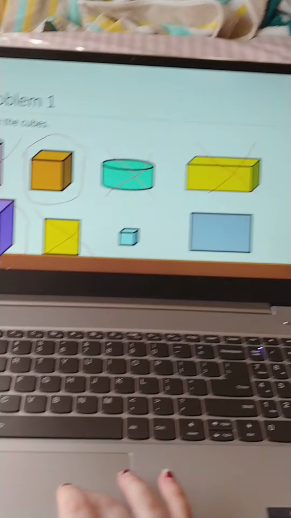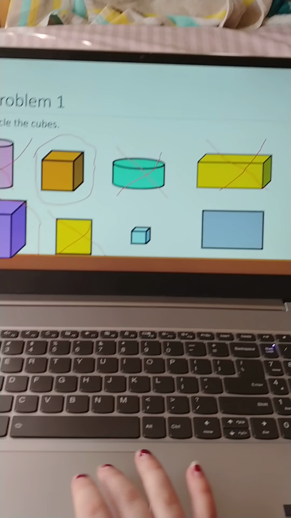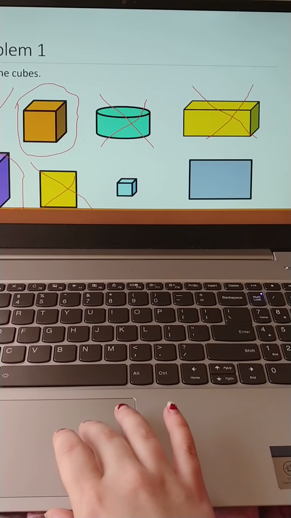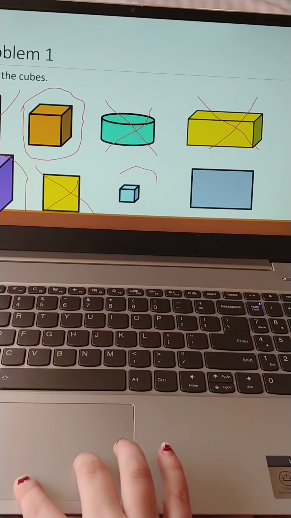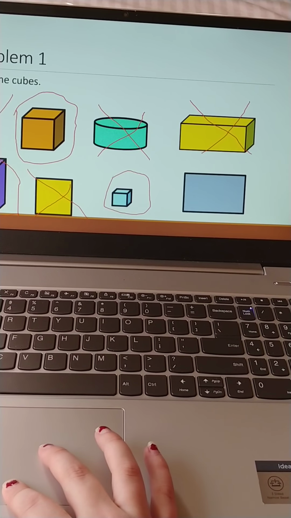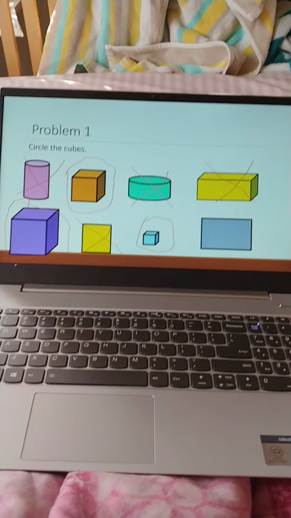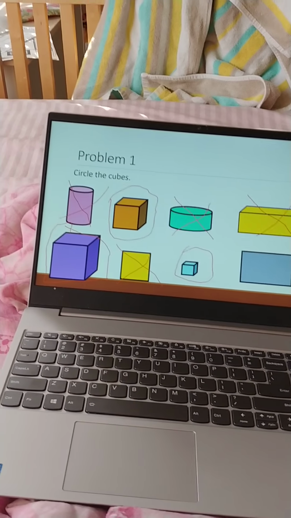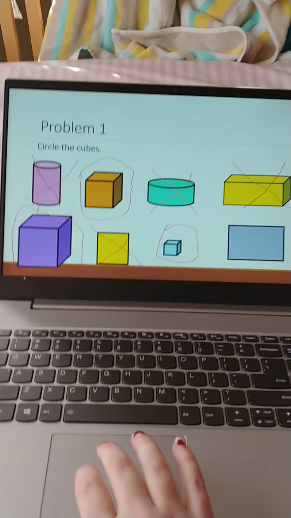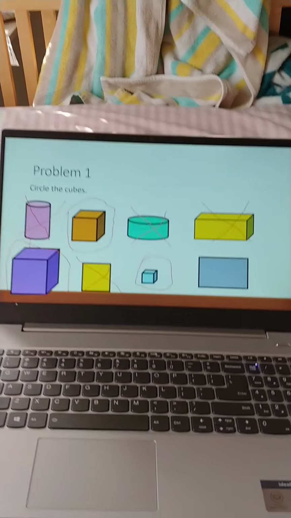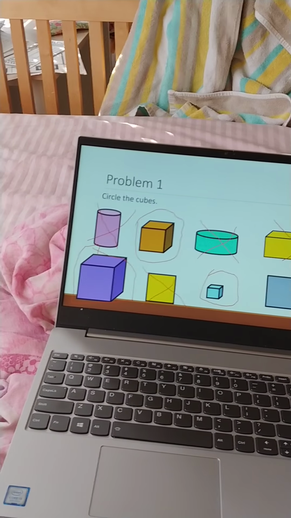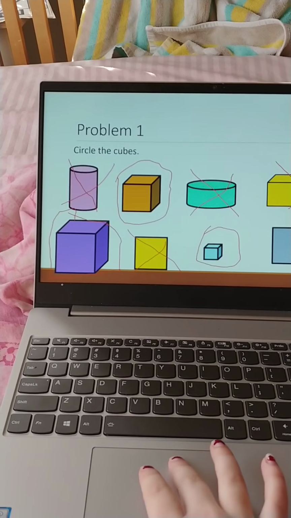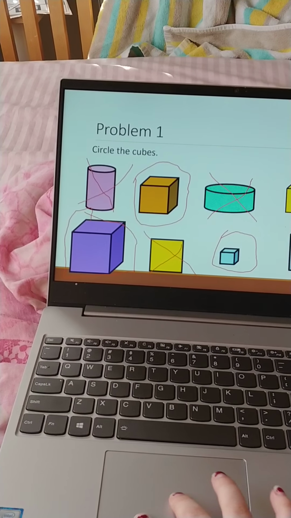And then its faces are also squares, which means this is a cube. So we're going to circle that. And then our last figure is also not 3-dimensional. It's 2-dimensional. And it's a rectangle because you can tell that all 4 sides are not equal. They have 2 sets of equal sides, but they're all not equal. So we can cross that off.